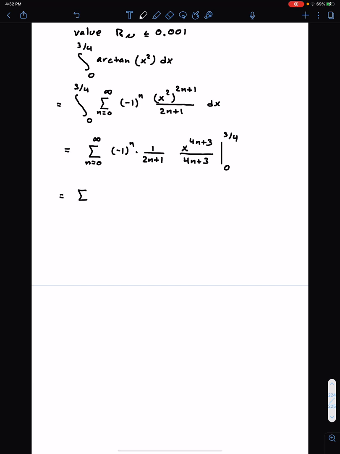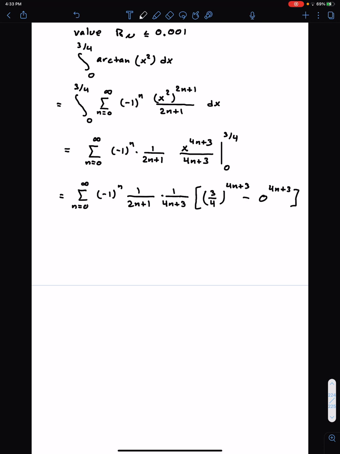Which is equal to the sum as n goes from 0 to infinity, (-1 to the n), 1 over 2n plus 1 times 1 over 4n plus 3. If I plug in 3/4, 3/4 to the 4n plus 3 minus 0 to the 4n plus 3.